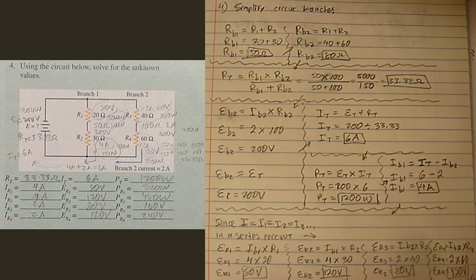Same thing with the voltage drop at resistor 3, which equals the current at B2 times the value of R3, or 2 amps times 40 ohms, equals 80 volts. And lastly, we do the same thing for the voltage drop at resistor 4, which equals the current at B2 times the resistance value of R4. And we have 2 amps times 60 ohms, which is 120 volts.